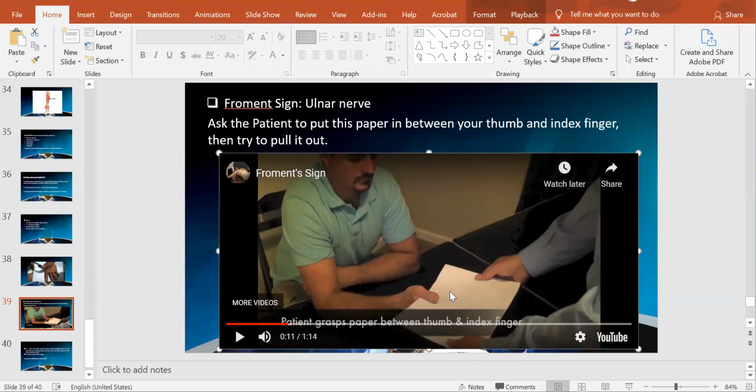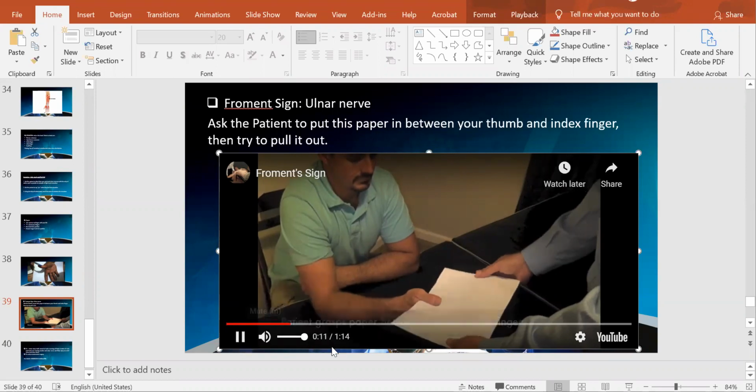So to check that, you say: put this paper in between your thumb and index finger. I will also do that, and I will try to pull it. Please don't let me do it. Now, if you are able to pull it out, or during the process if the patient's DIP joint flexes, that means the patient has low power. Okay, so that's how we check the ulnar nerve function.